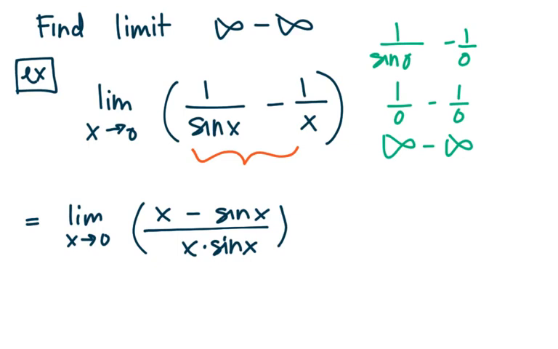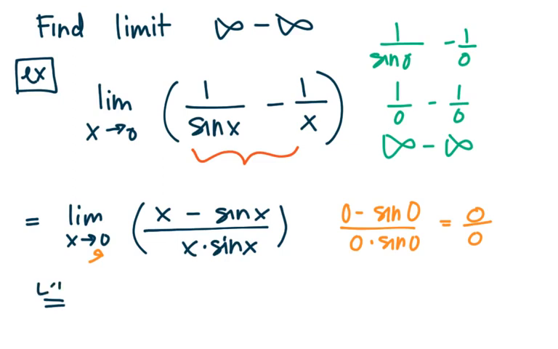Now when I try to plug 0 in here, I would get 0 minus the sine of 0 over 0 times the sine of 0. That should be a 0, not a theta there. So 0 minus sine of 0 is 0, over 0 times sine of 0, which is 0 over 0. So now we apply our L'Hopital's rule.